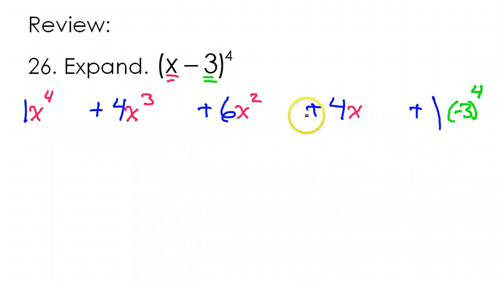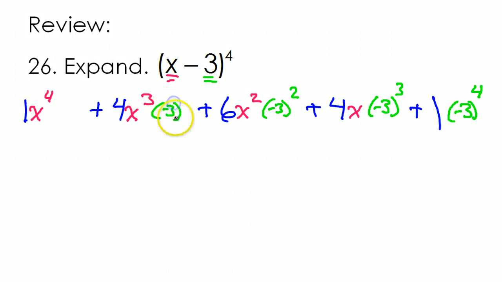But this time I'm going to go to the left, decreasing the power each time. So this will be negative 3 to the third power, and negative 3 squared, and negative 3, because that's like negative 3 to the 1 power. And then nothing here, because that would be negative 3 to the 0 power. So all we really have to do is simplify this, and we'll be done.